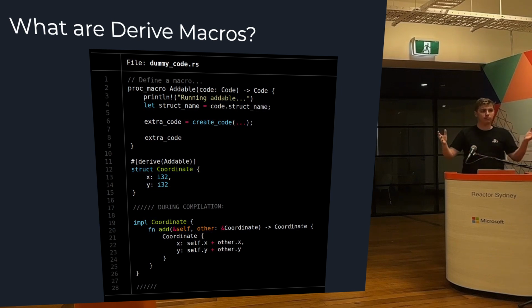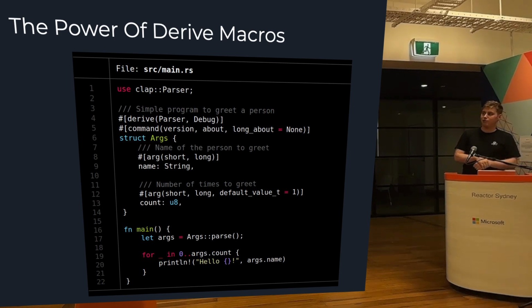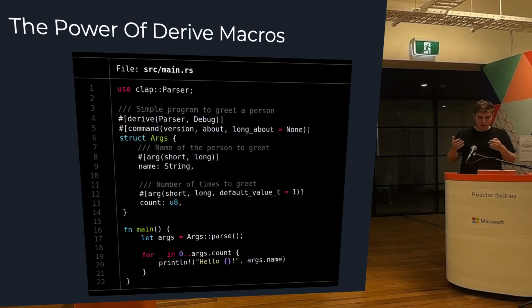That's the concept. Now, you might ask yourself, okay, why is that actually useful? And the answer is this. Imagine that you want to build yourself a command line argument based program, and you need a parser for it, a command line argument parser, clap, some might call it. Rather than writing the 10, 20, 30, maybe a couple hundreds of lines of code to describe all of the help menus and the different types of arguments, you can just create a struct.